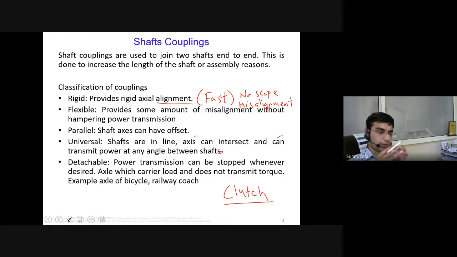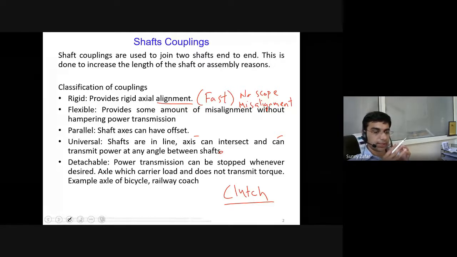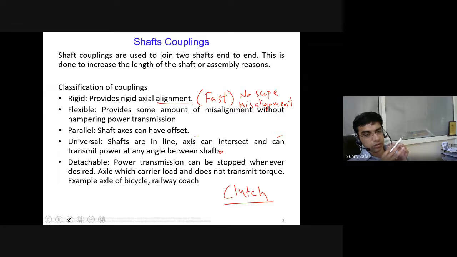Another way of looking at detachable couplings is with respect to axles. We discussed in the previous module what an axle is and how it differs from a shaft. I'm just revisiting that concept. The axle also looks like a shaft, but it does not transmit torque, it only transmits motion.